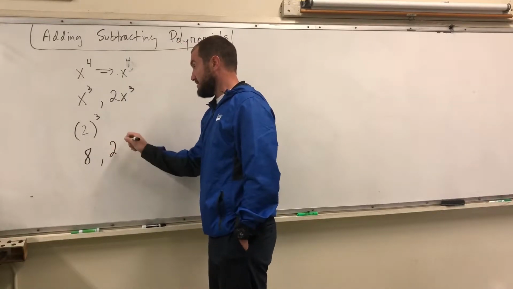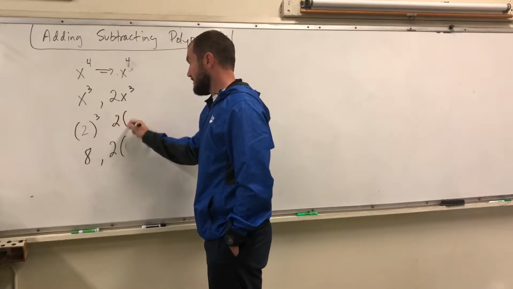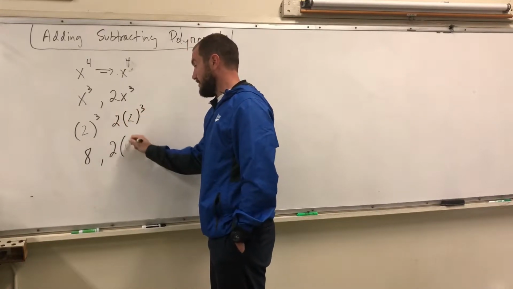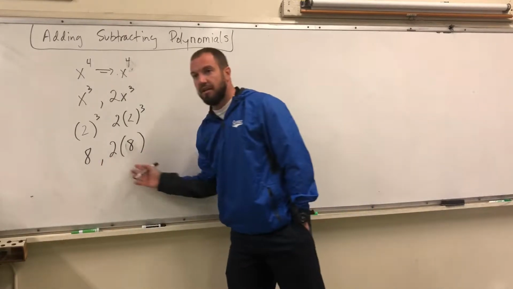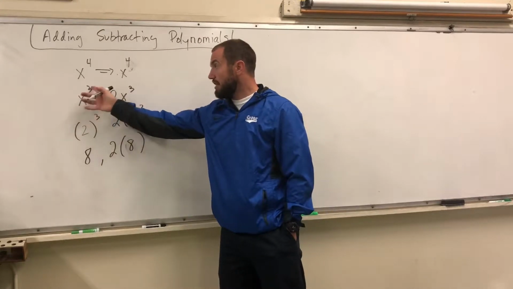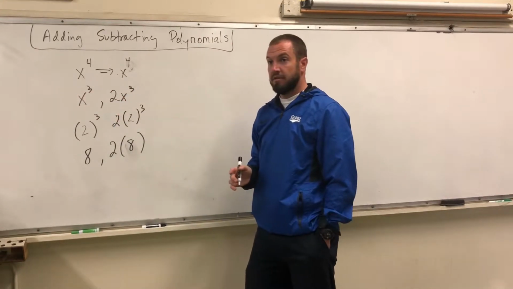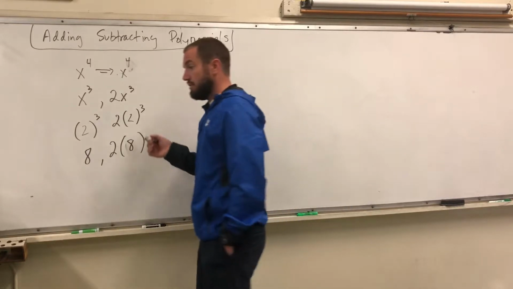And if I put a 2 in here, 2 to the third, it's also an 8. So we're applying a like number. So variables with similar exponents are like terms.